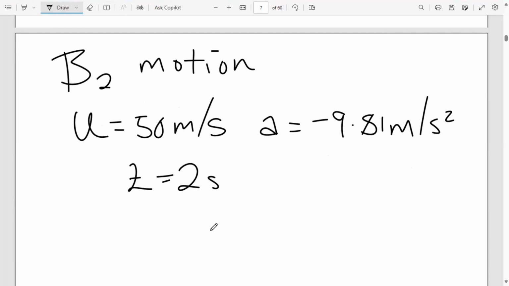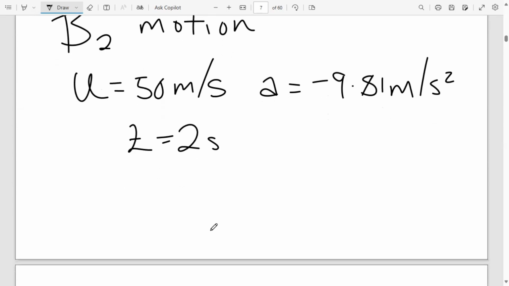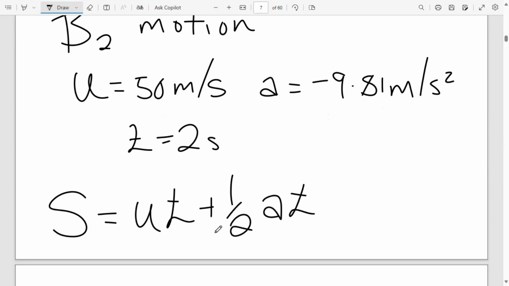The displacement that ball number 2 is going to travel in the 2 seconds. The one for S is equal to ut plus half at squared.